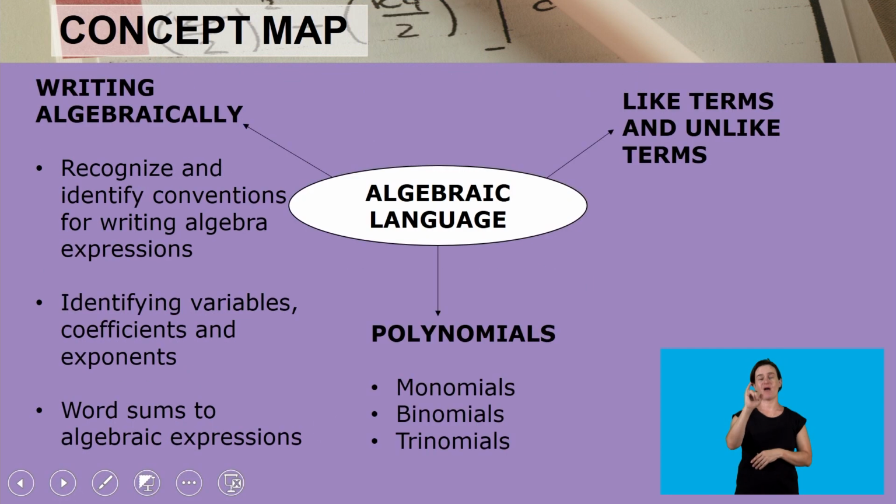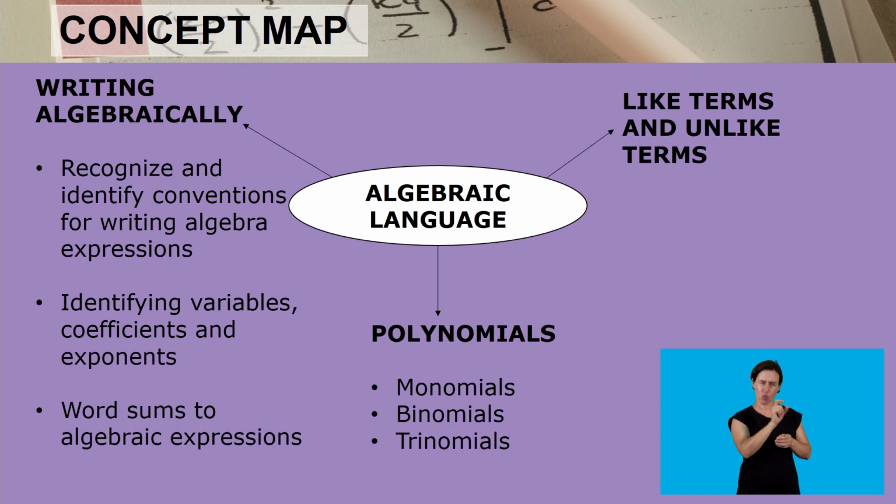Looking at our concept map for this lesson, of course, our focus is algebraic language. Our first concept is going to be writing algebraically, where we are going to recognize and identify conventions for writing algebraic expressions, identifying variables, coefficients, and exponents, and also word sums that are transferred to algebraic expressions.